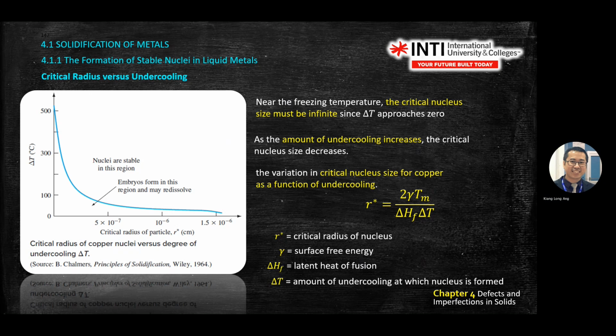R star equals 2 gamma Tm over H f delta T.